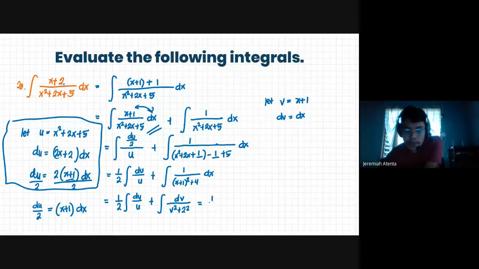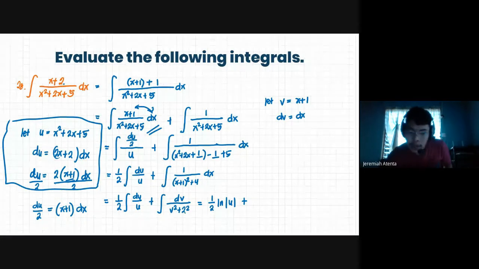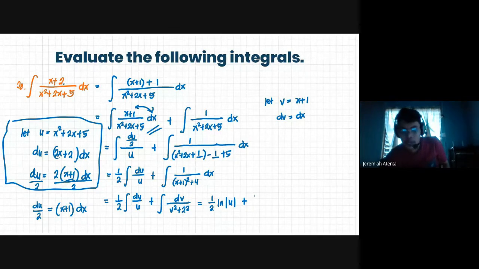And this will be 1/2 of the integral of du over u, which is ln absolute value of u, plus this one, the integral of dv over v squared plus 2 squared, that is 1 over a. Our a is 2. So 1/2 ulit, tangent inverse of v over a.